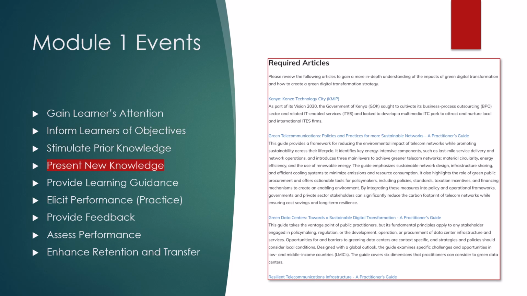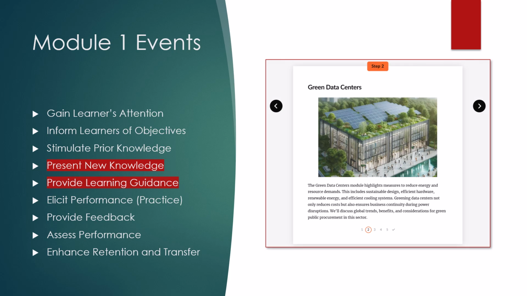The required articles are then introduced to present new knowledge. An Articulate Rise presentation highlights the important elements of the practitioner's guides, which form the foundation of the learning. Since this is an overview module, the microlearning also introduces the 5 other deep dive modules.